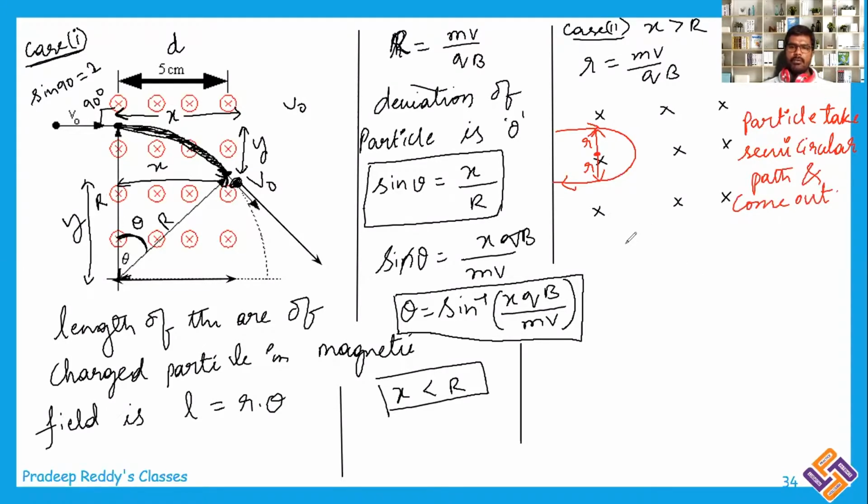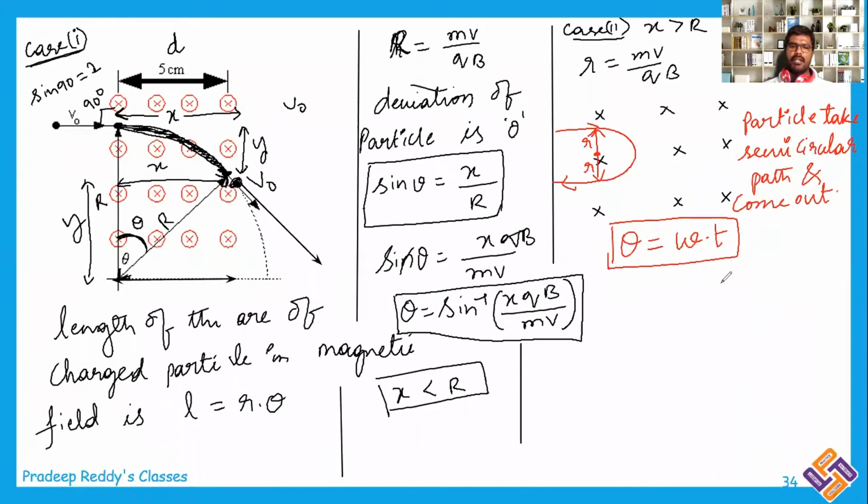When it is coming out, theta is equal to omega into time taken t, so the deviation theta can be taken as 180 degrees.